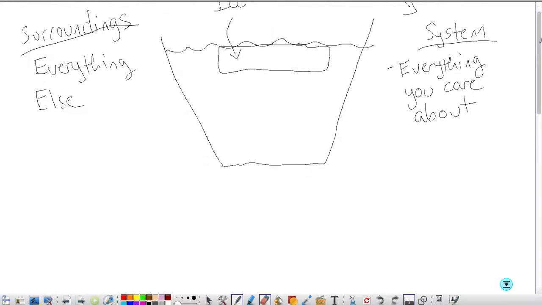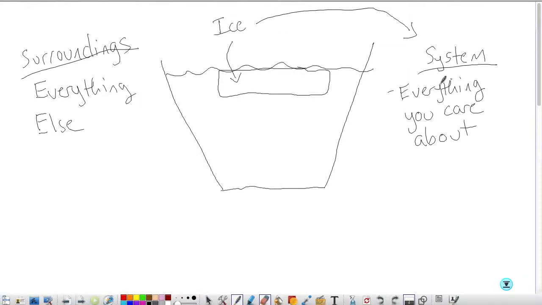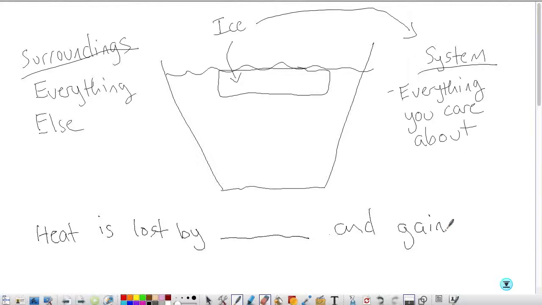Okay, so now my question is here, let's finish this sentence. Heat is lost by blank and gained by blank.